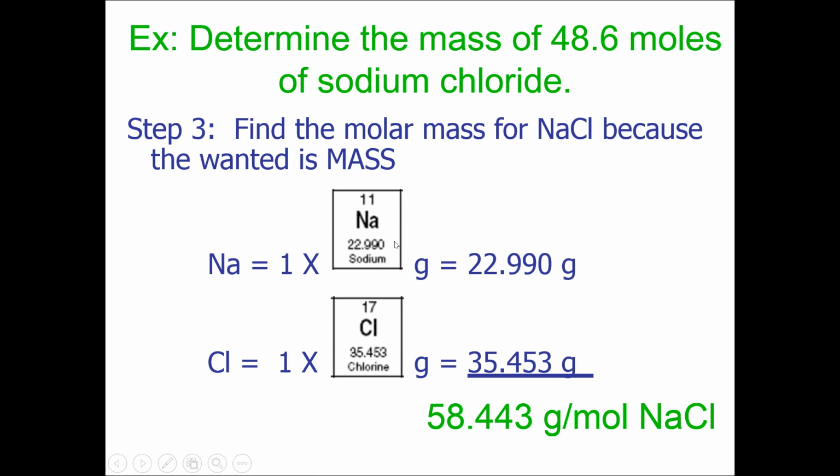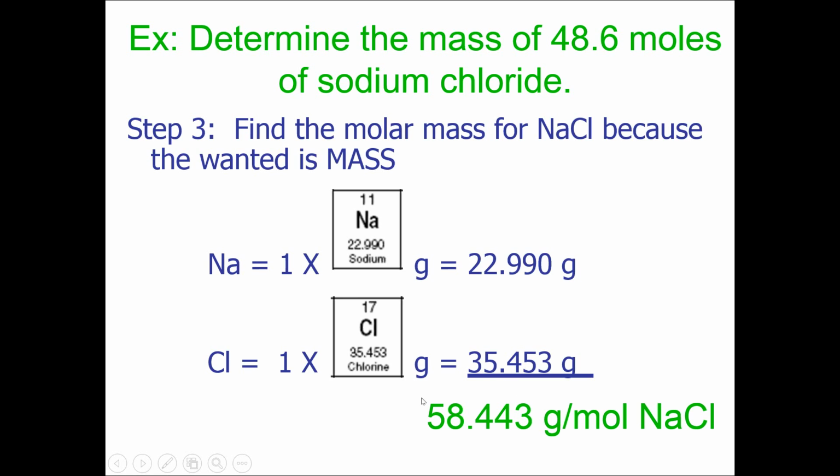So what we can do to calculate the molar mass is to use our periodic table and our formula of NaCl. Sodium has a mass of 22.990 grams, chlorine has a mass of 35.453 grams, and these numbers here represent the number of atoms in the formula. We add them up.